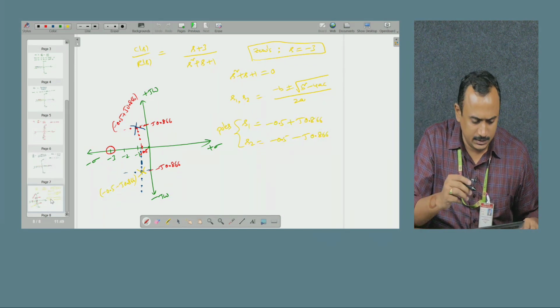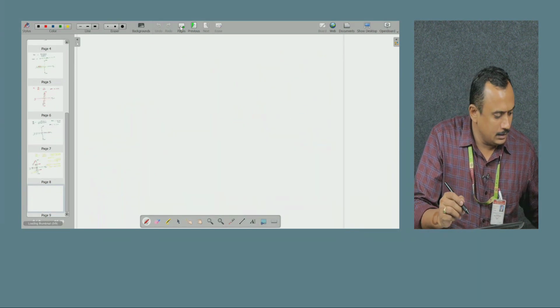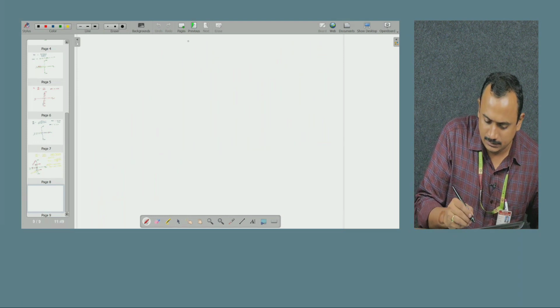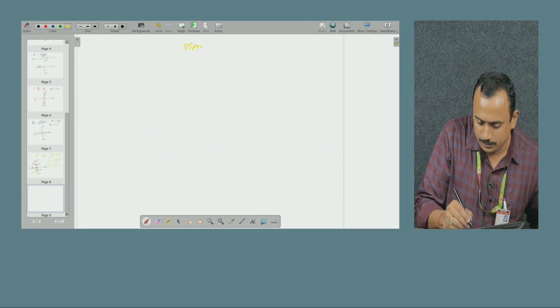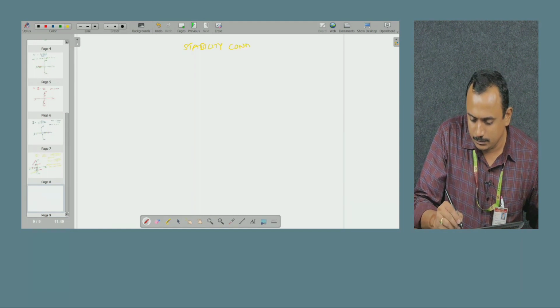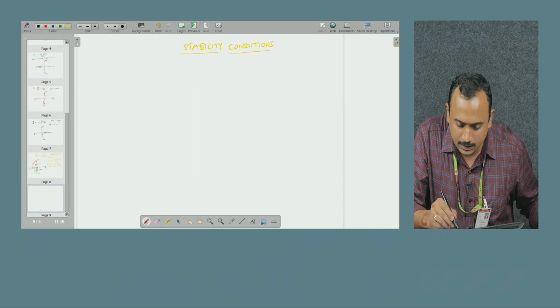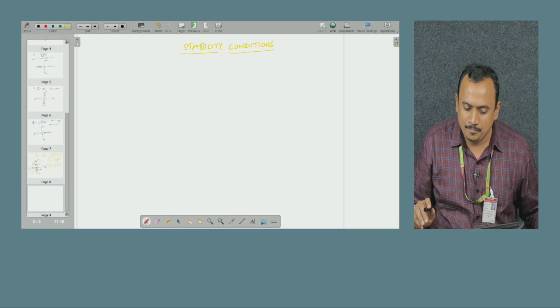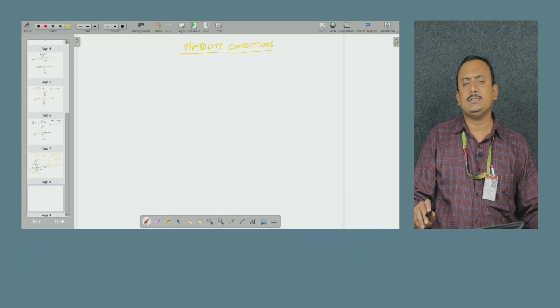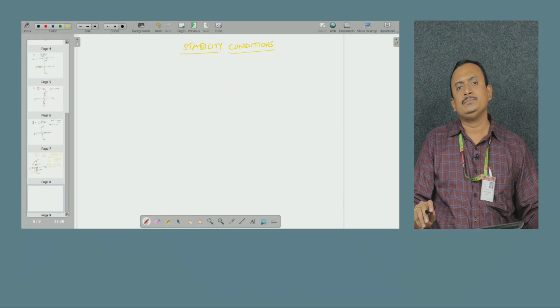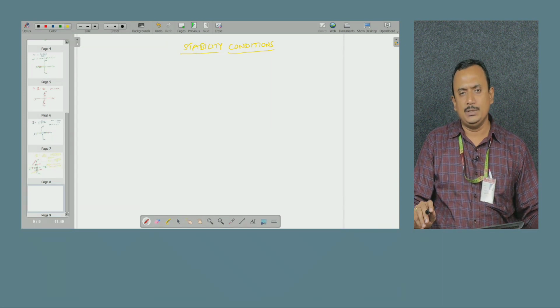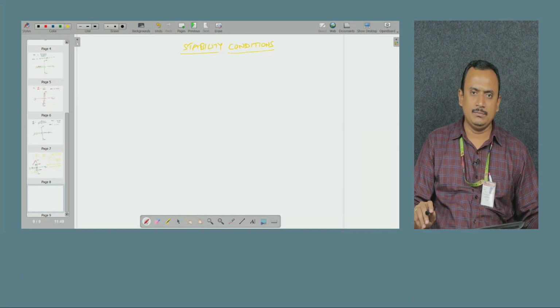Next, let us see the stability conditions, very important. When we come to stability conditions, as we discussed so far, if you solve the numerator you will get zeros, and if you solve the denominator of the given transfer function you are going to have the poles.